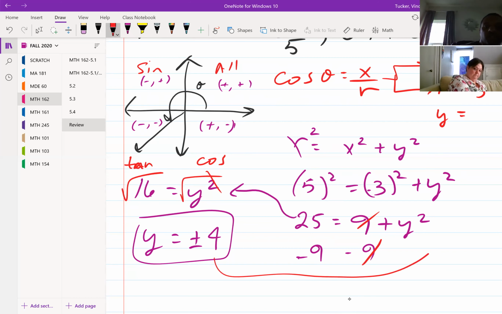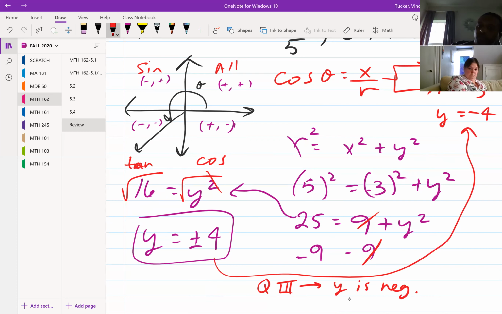So because we're in quadrant 3, we have all 3 pieces now.